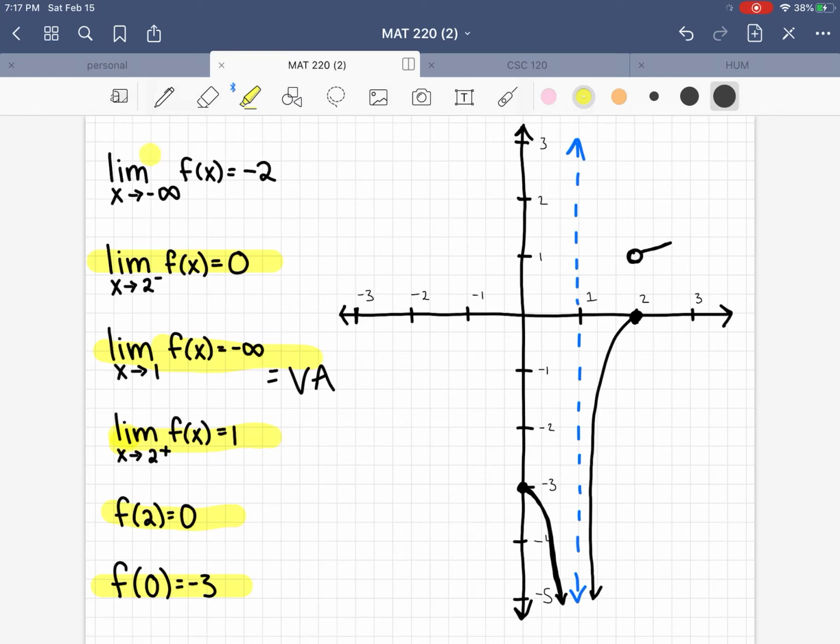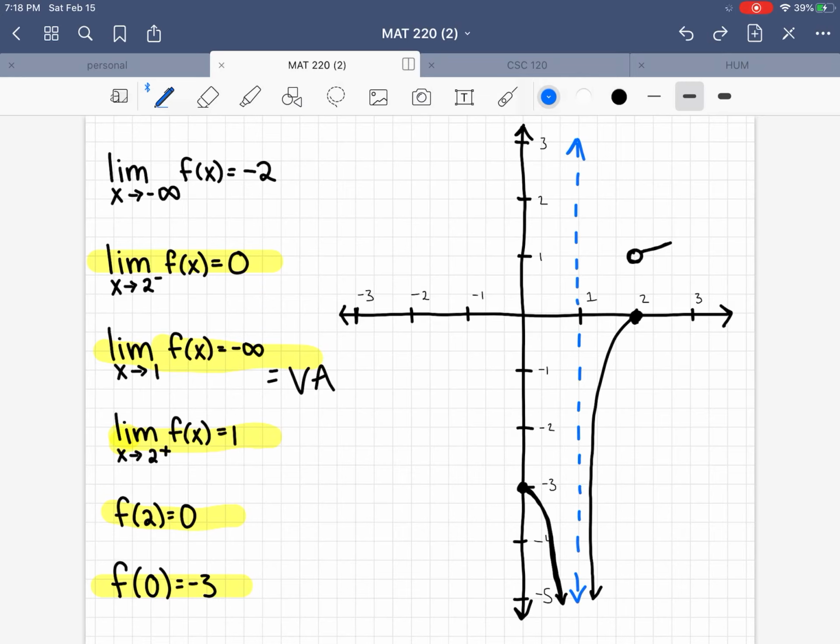Then that leaves our last piece, the limit as x approaches negative infinity of f of x is negative 2. So as our x goes towards negative infinity, our function is going to get closer and closer to this line here of y equals negative 2.